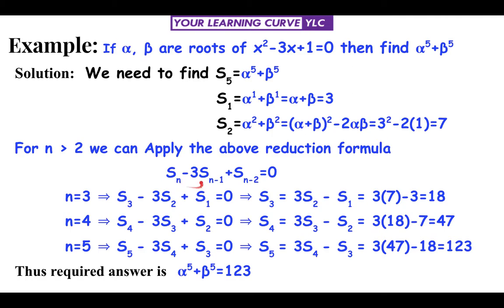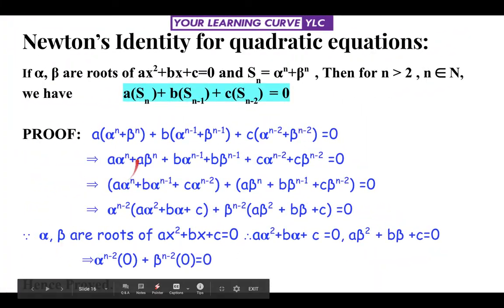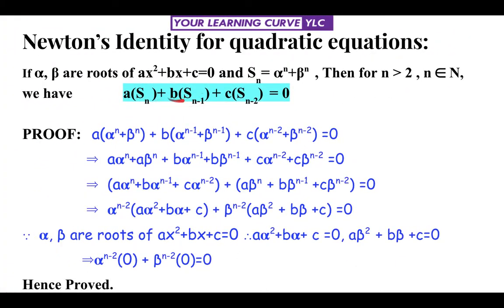Now, what we do? We write the equation a Sn plus b Sn minus 1 plus c Sn minus 2. We can see this in the previous relation. So, if we write S3 over here, we will be writing S2, here we will be writing S1, that is S3, S2, S1 in place of x square, x and 1.